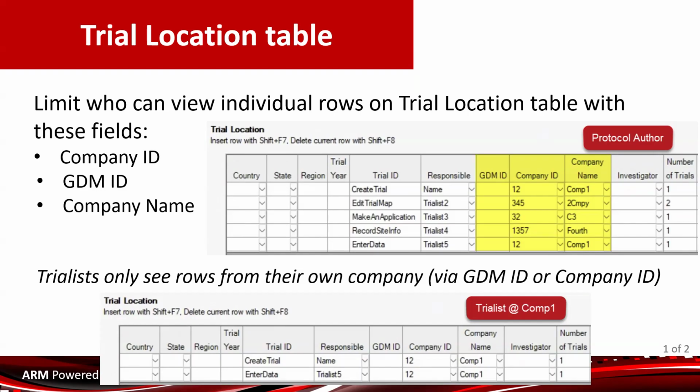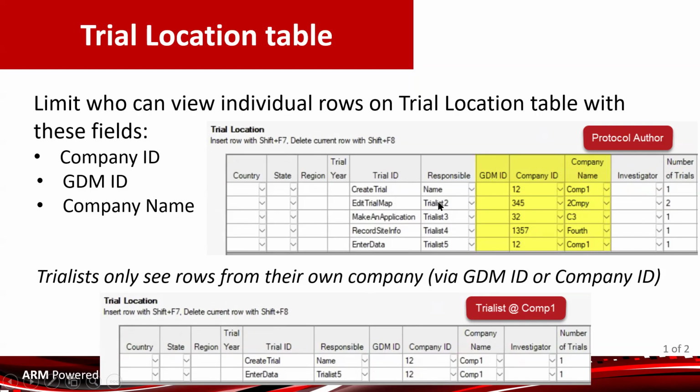Either one, if you fill it in, then when someone else opens that protocol, that is used to filter the table. So I've got this screenshot down below: if somebody from company 1, COMP1, this made up company here that has an ID of 12, is sent this protocol and they open it, they will see only these two rows.